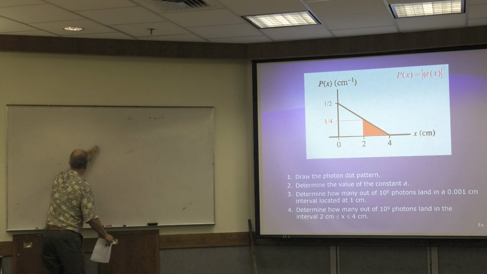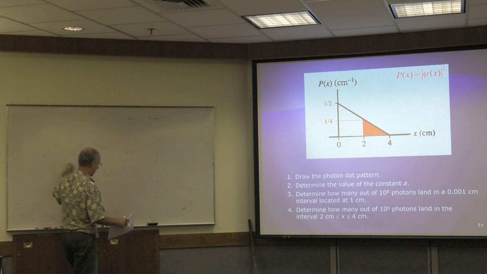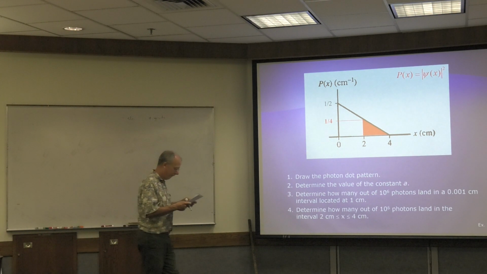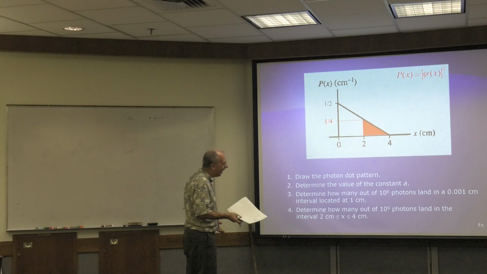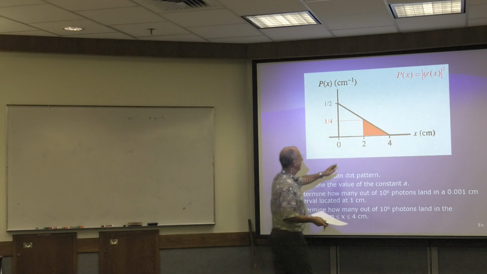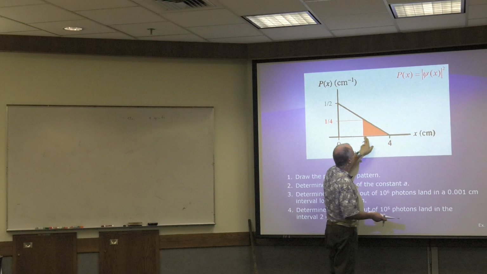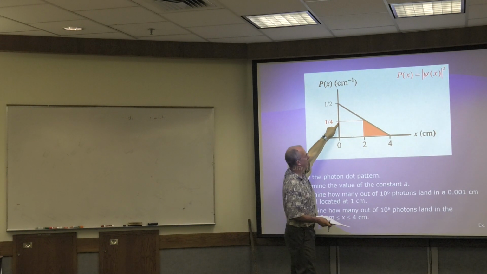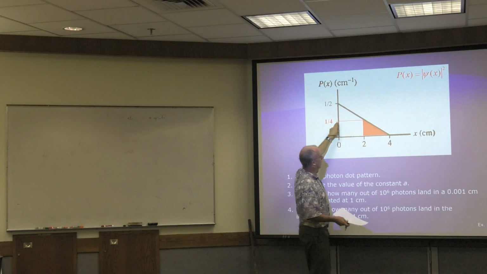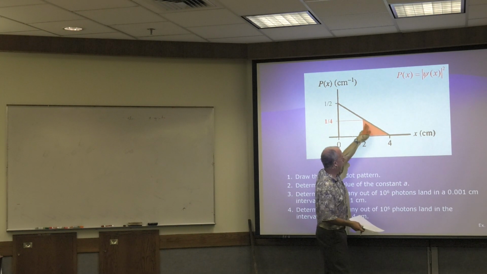All right, so we could just be lazy, right? I mean, this is a half, 2 and 4. Just by similar triangles, you know this is a fourth, right? And then you can just calculate the area of this triangle.